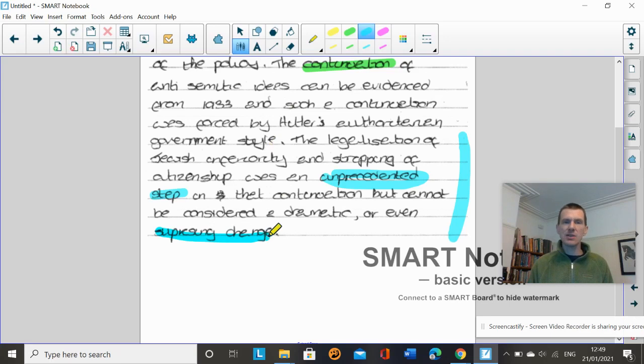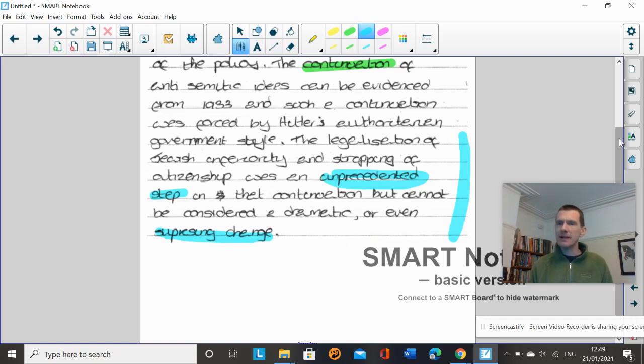And it's not surprising. It's not even dramatic, because it was there to be read and heard in Nazi literature and speeches beforehand. So it seems like a fundamental change in policy, but actually it was a continuation of their ideals and their ideology.